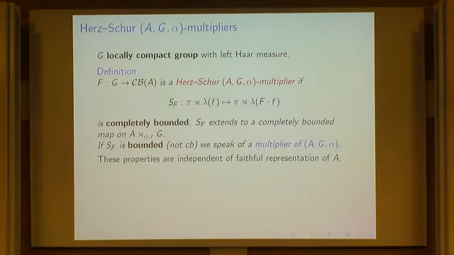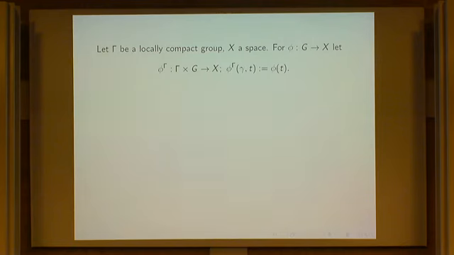Now, one can restrict attention to the bounded ones that are not necessarily completely bounded. And Haagerup and Cannière have this characterization of the completely bounded ones in terms of the bounded. The price you need to pay for that is you need to take the product of your group with another group. I will not stop to describe precisely the results.